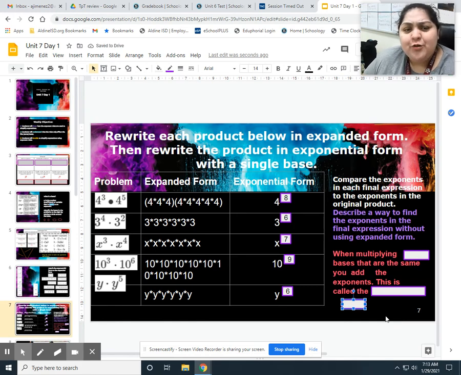Well, let's see if that's true. 3 plus 5, that equals 8. 4 plus 2, that does equal 6. 3 plus 4 does equal 7. 3 plus 6 does equal 9. And then 1 plus 5 equals 6. So yes, this is true. This is called the product rule. This is what we're going to be practicing for the next couple of slides.